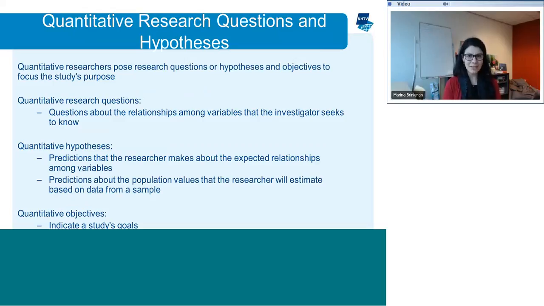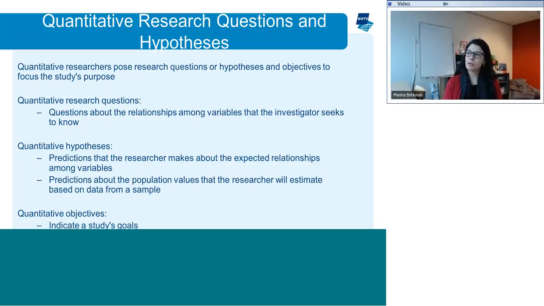Quantitative research indeed works with questions and hypotheses. They help researchers focus on and identify specifically which relationships they're investigating. Quantitative hypotheses incorporate predictions about the relationships or about the differences between groups. And for sure, those objectives very clearly indicate what you will be able to do with the outcome of your study.